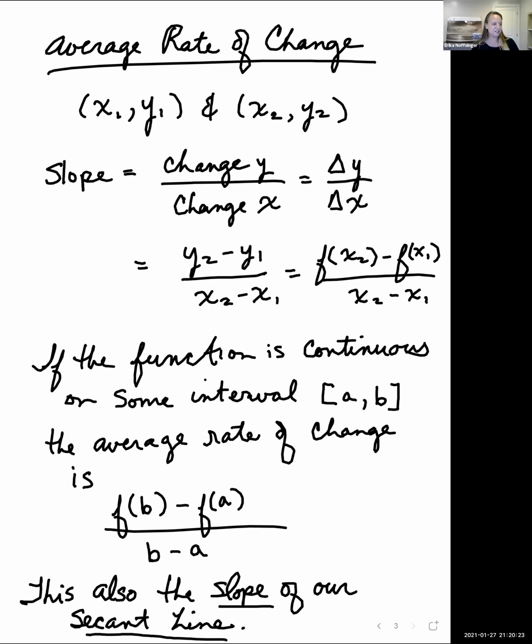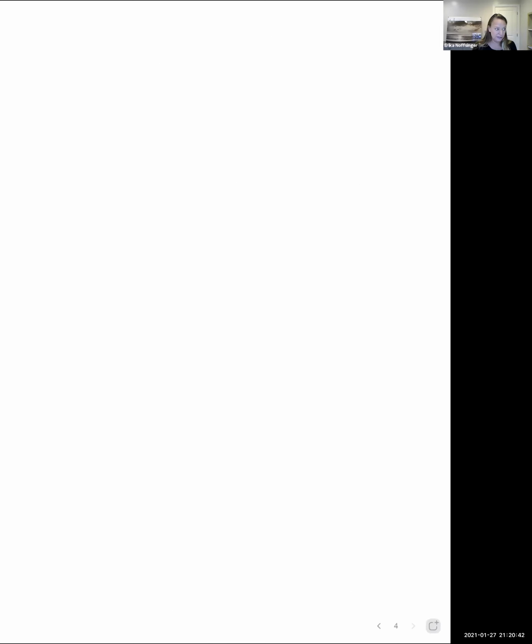Okay, so let's look at an example of finding the equation of a secant line given the function and the values that we want to find it in between. Okay, so we're going to look at an example.